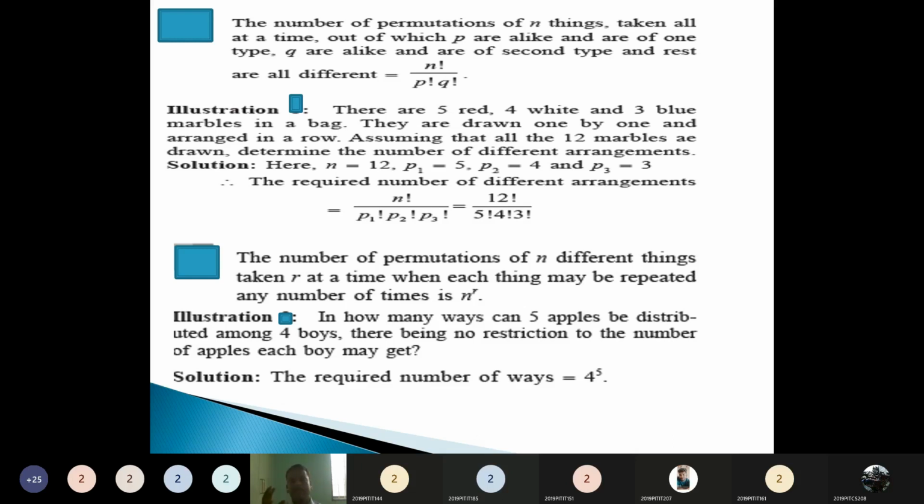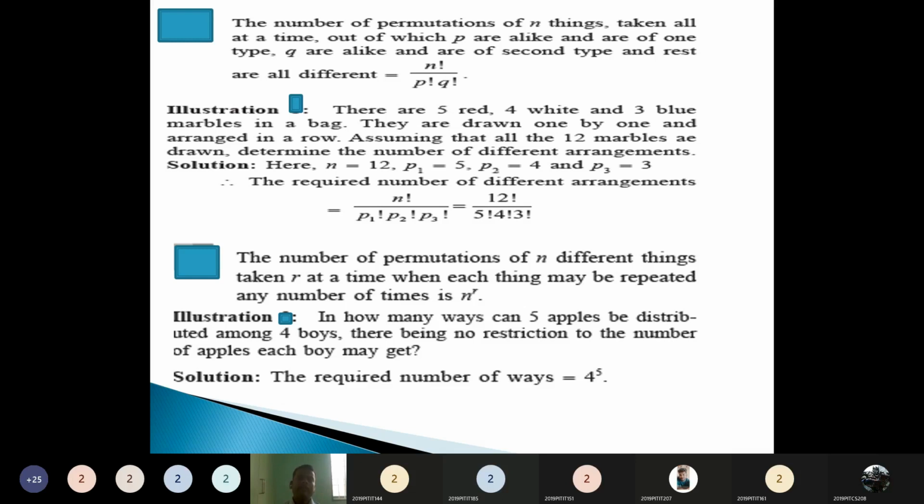Keep in mind, arrangements are relevant to permutation, so you have to use the permutation formula. In that, 5 marbles are red, 4 marbles are white, 3 marbles are blue. So for the different arrangements, if all were different, you could simply put it as 12 factorial. But here, they are mentioning P1 equal to 5, P2 equal to 4, P3 equal to 3.